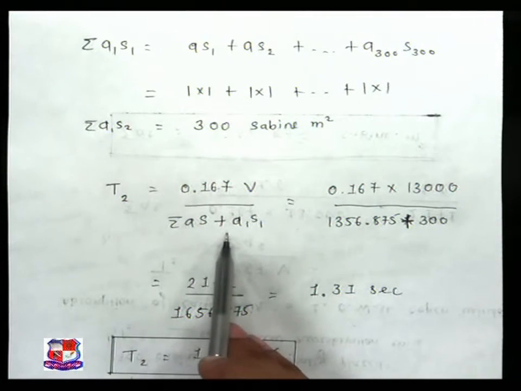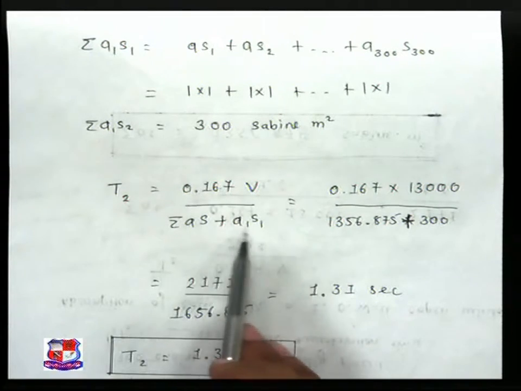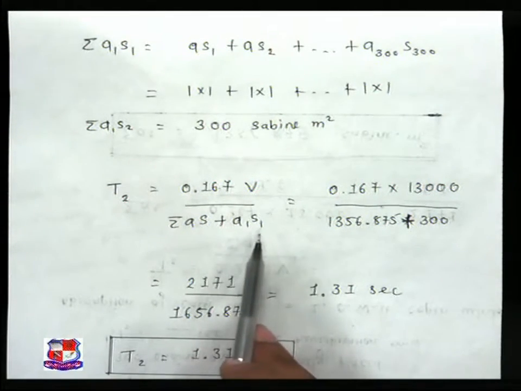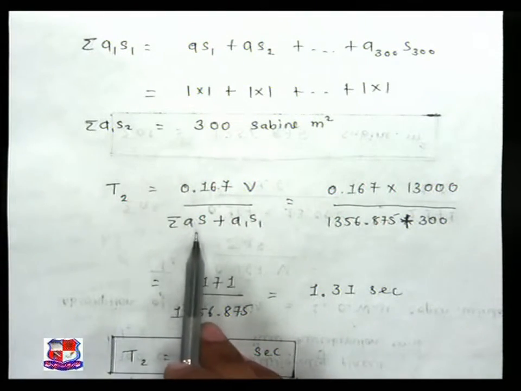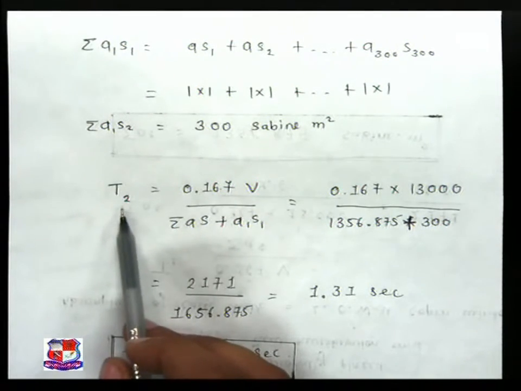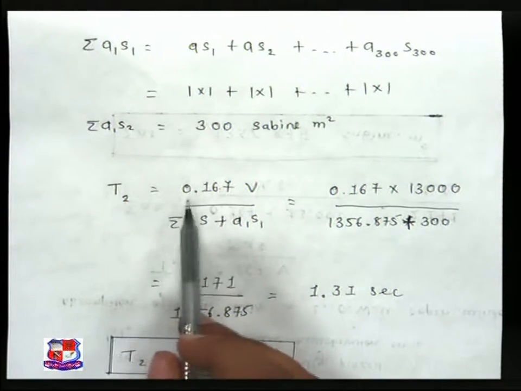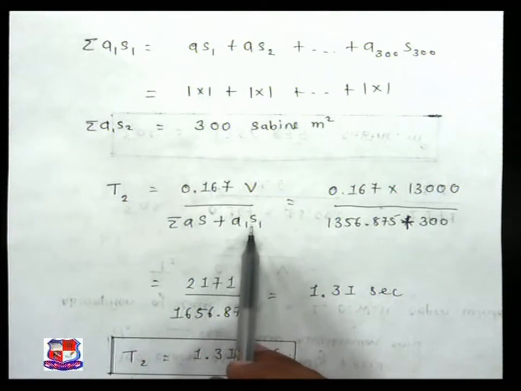When 300 chairs are added, the total absorption by the 300 chairs is also added. That means the new reverberation time will be T2, which is equal to 0.167 V upon summation of AS plus A1 S1.